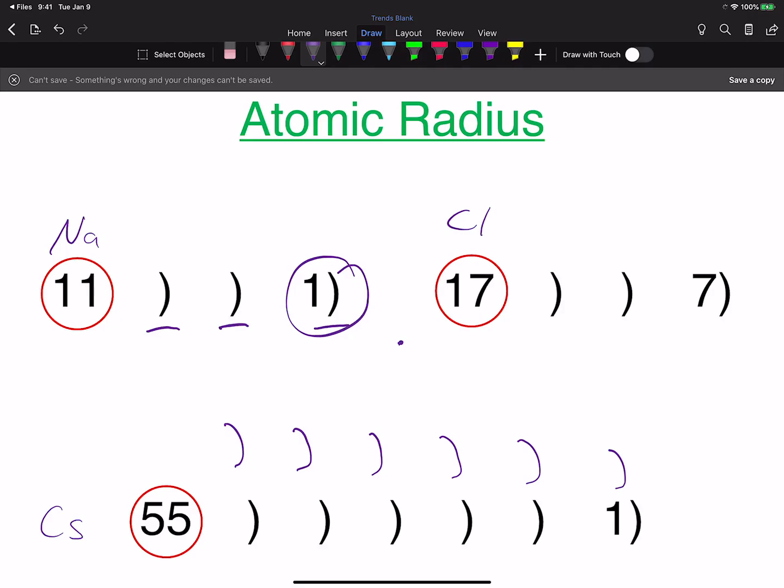So the relative space between each shell is really quite large. This sort of diagram doesn't make it look like that. It looks like it's just a small incremental increase in size, and it's not. And that's really important for understanding some of the patterns and some of the trends.